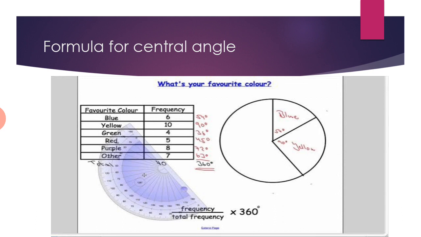So when we do 10 divided by 40 into 360, the central angle becomes 90 degree. So on the second radius of the blue, we take the protractor once again, turn the notebook if required, and plot 90 degree. 90 degree is neither acute nor obtuse. It is exactly 90.